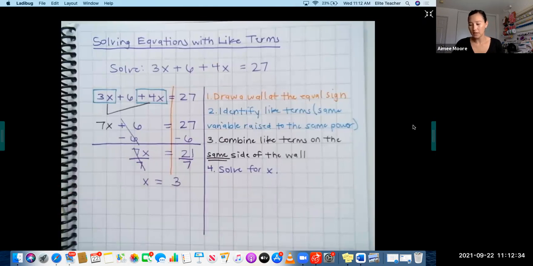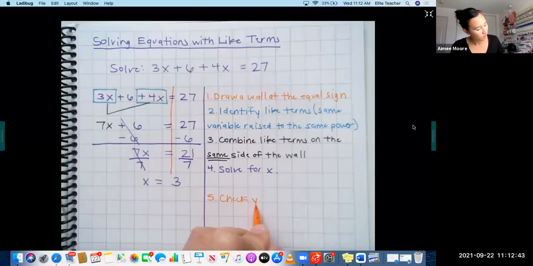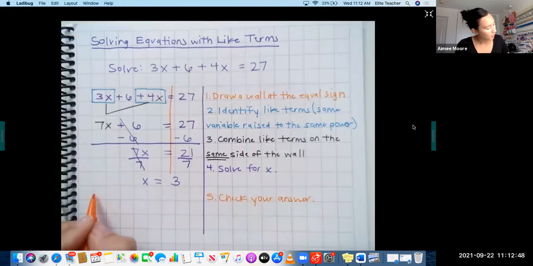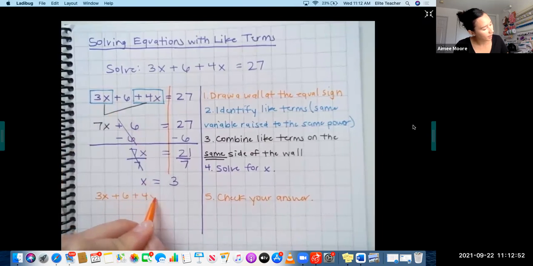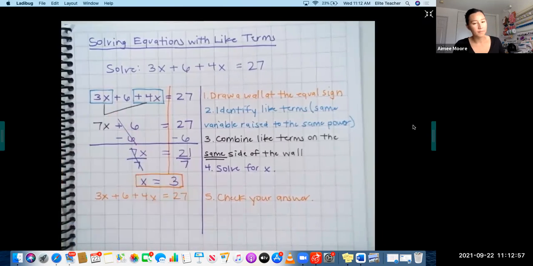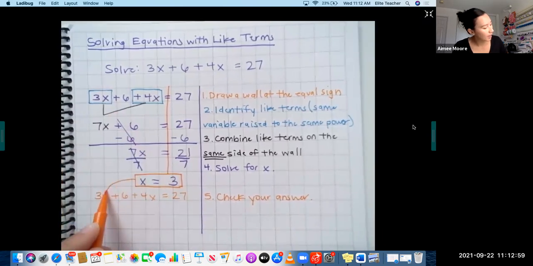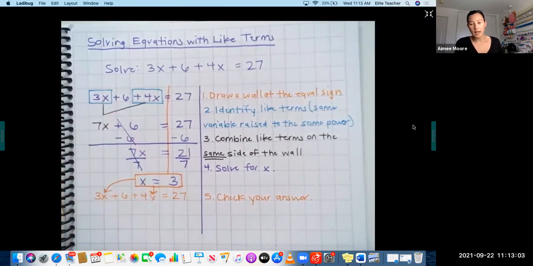Okay, and then our last step is we are going to check our answer. We're going to write down 3x plus 6 plus 4x equals 27, but we know that x equals 3. So we're going to plug in 3 for x here and 3 for x here, and make sure that we didn't make any mistakes when we were solving.